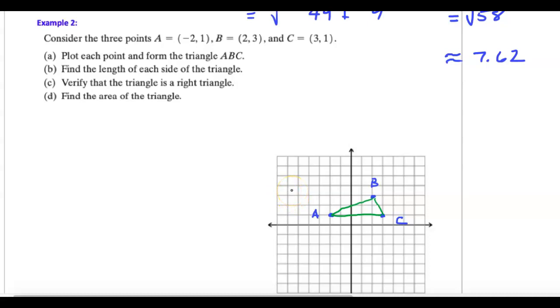So we can find the length of each side of the triangle by using the distance formula. So we will set up 3 different equations here. And so we have the distance between AB.